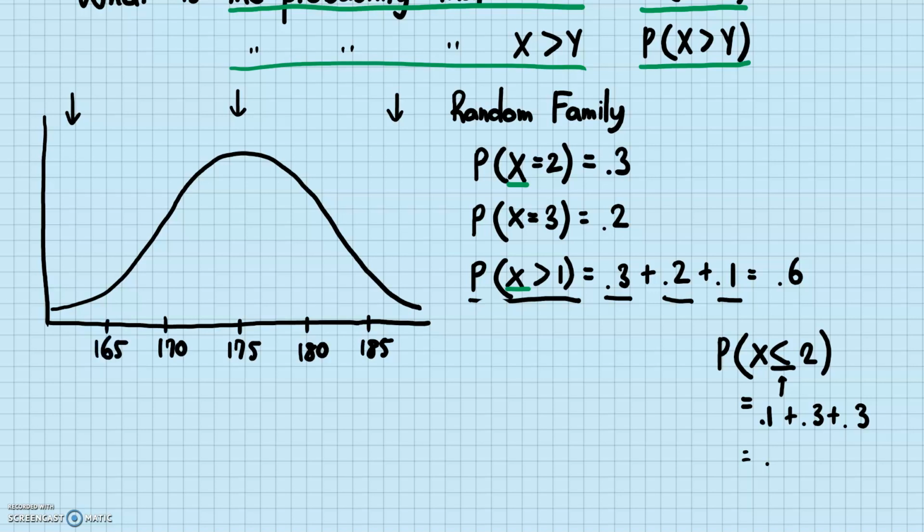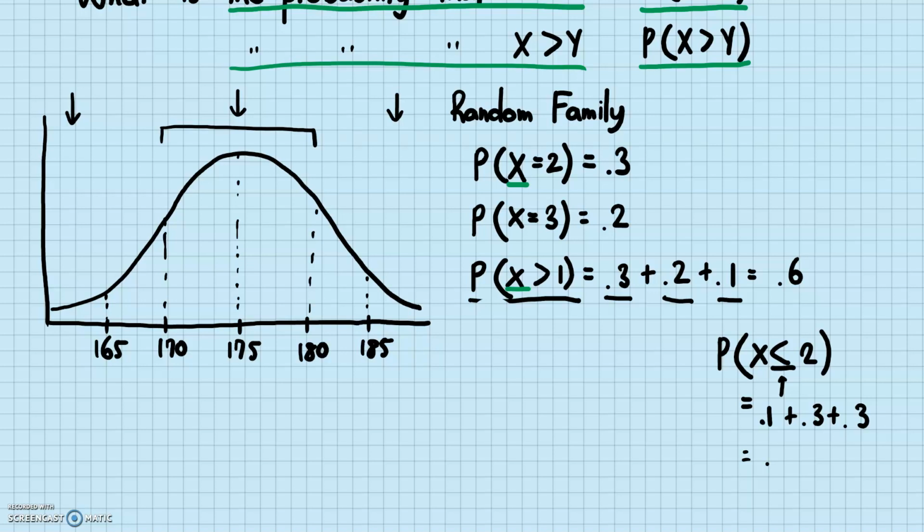So again, you can see that the probability is the highest at 175. And then it gets lower as the height gets taller or the height gets shorter. Okay, so most people are going to be in this middle area right here.